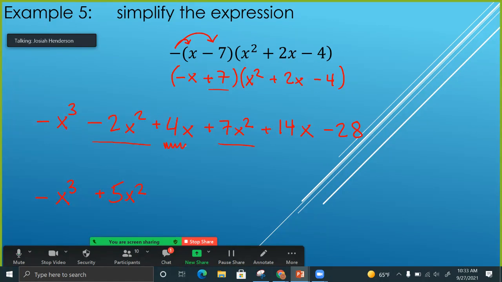Our x's, 4x and 14, that'll be 18x. And then lastly, negative 28, or minus 28. And we're done. All right, no questions. Let's try number 6.